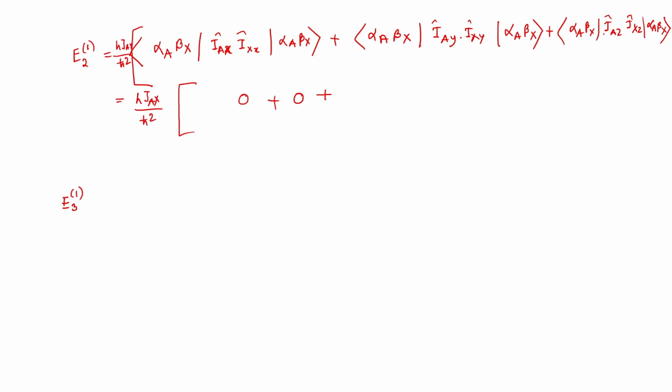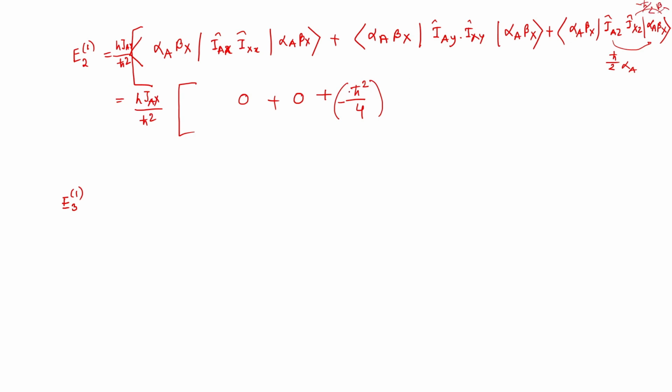And what next? Here only for the z component I am going to get the similar things, and for here also I a z working on alpha a I am going to get h cut by 2, I think h cut square by 4 I am going to get from the whole thing, but I guess here I am going to get it as a minus thing, because I a z working on alpha a I am going to get h cut by 2 alpha a, but here I am going to get minus h cut by 2 beta x.